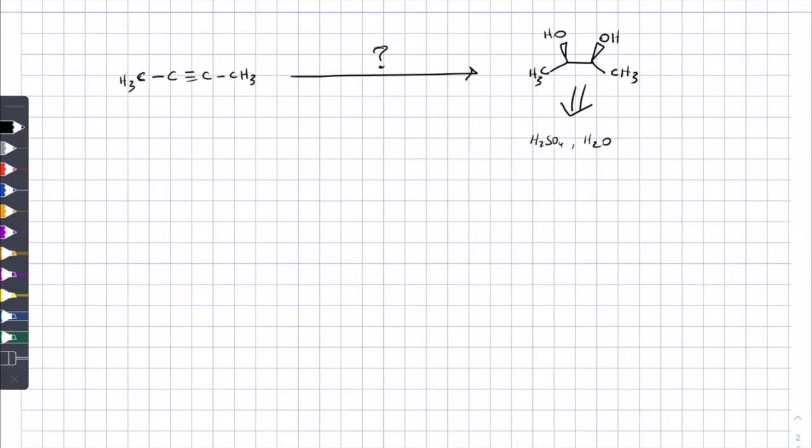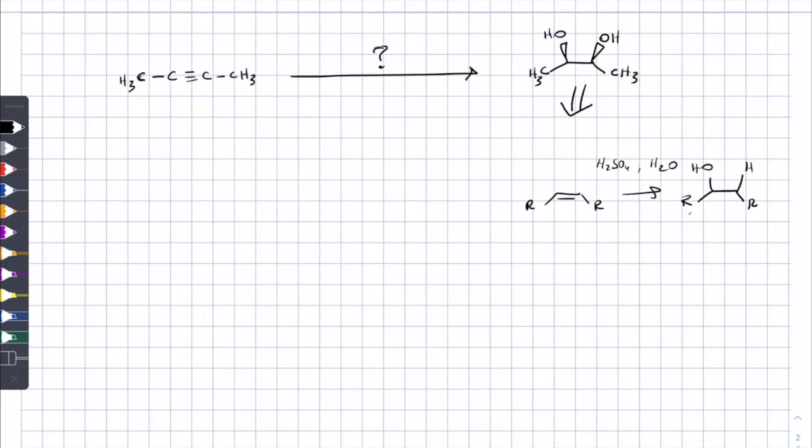Probably not. Okay. So if it were an alkene, that's a good way to get one hydroxyl group on an atom, because you can do alkene hydration, and that would put a proton on one of the carbons and an OH on the other. So that gets you one, though it doesn't get you two.